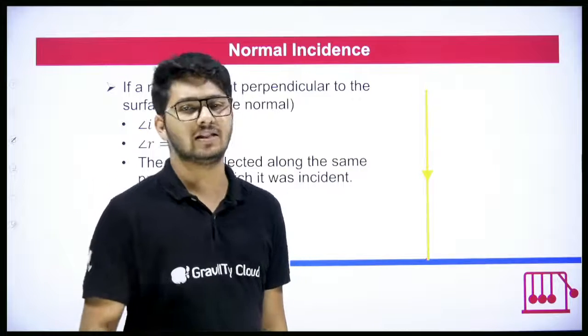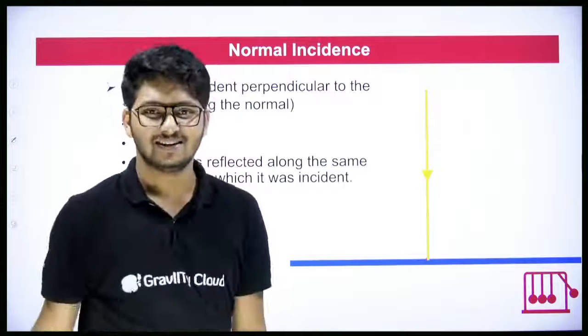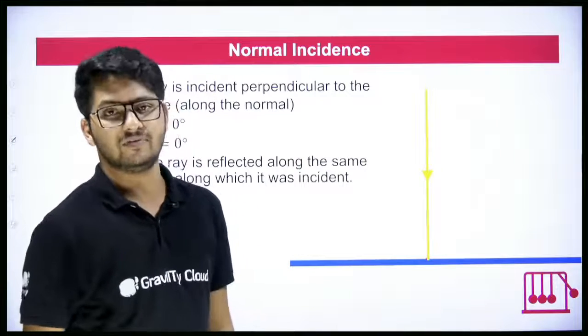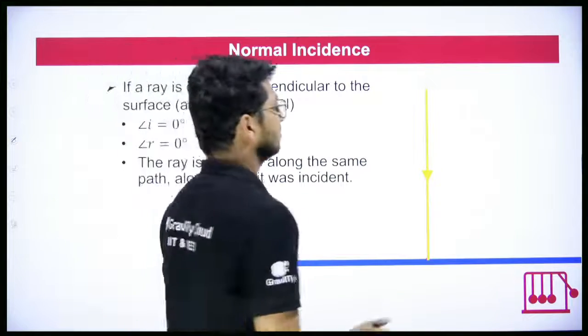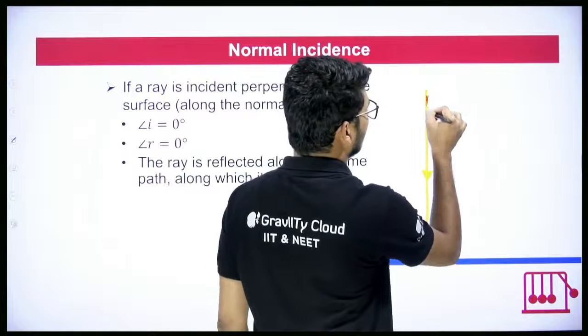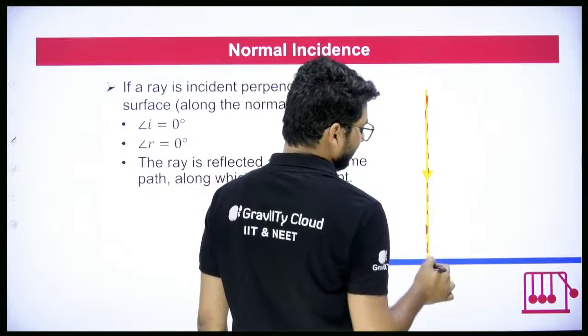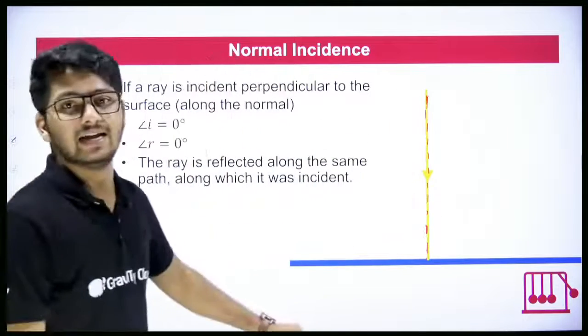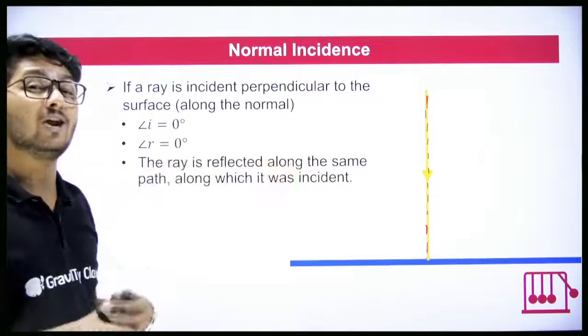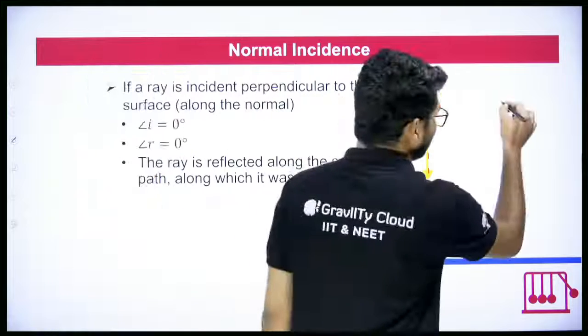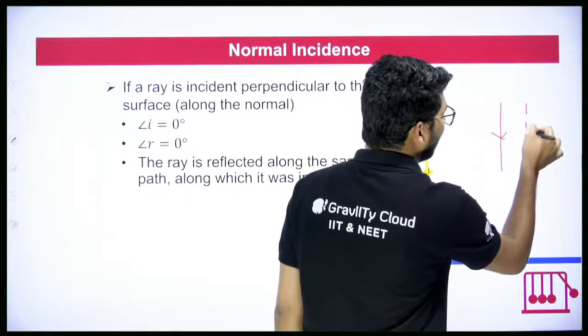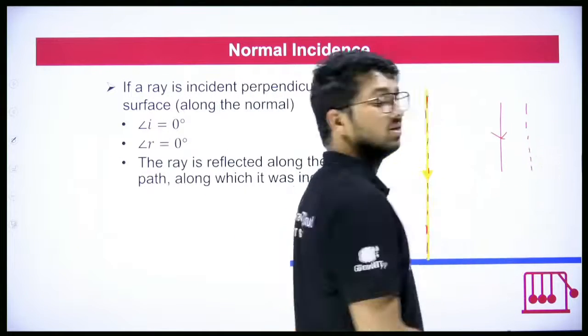Try doing it. Okay, obviously the information is on the screen. But still, what is the angle of incidence? It is 0 degrees. Why is that? See, when you draw the normal, the incident ray is along the normal. That means both of them are along the same direction.